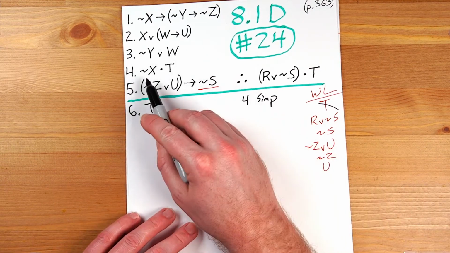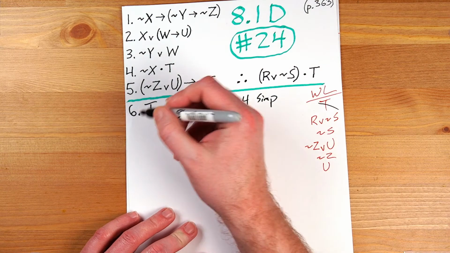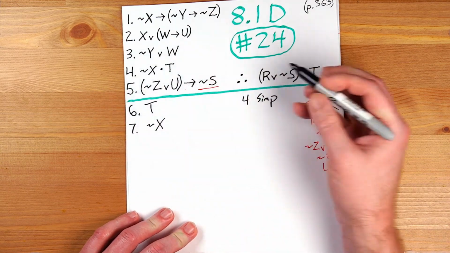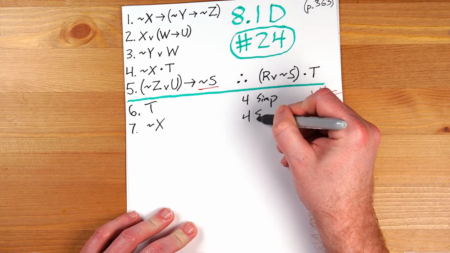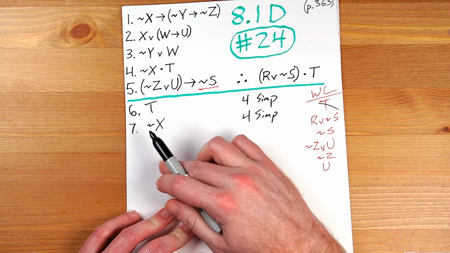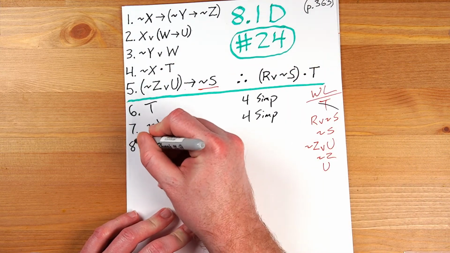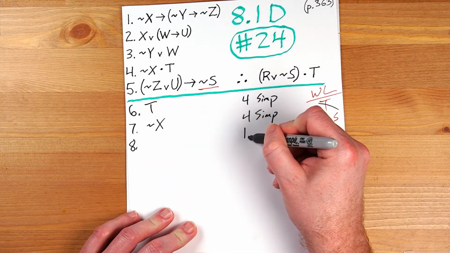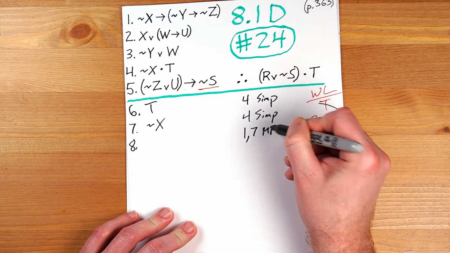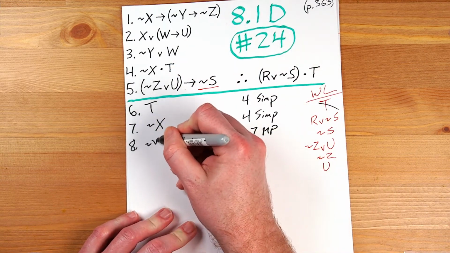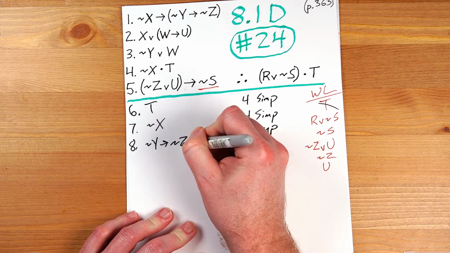So we're going to pull not x out of 4 so we can use it. So 4 simplification. And then we can use our not x with line 1, modus ponens. So 1 and 7 modus ponens, and that's going to give us our not y, arrow, not z.